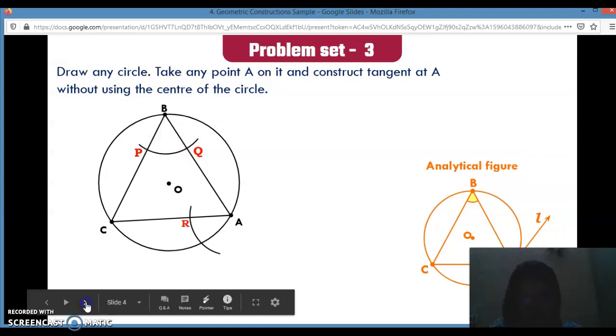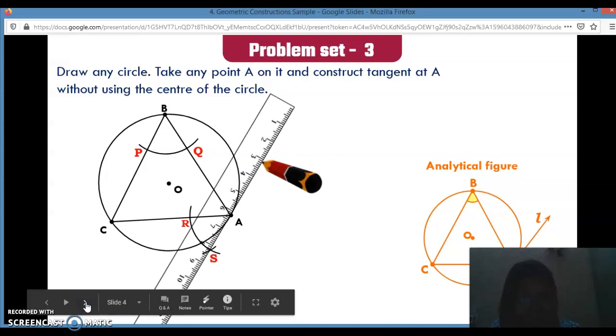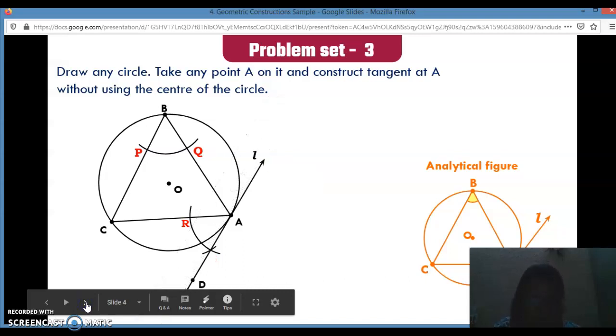Then you will measure the distance between PQ, and with that same arc you will cut it from point R also. This is my point S. Then you will join A and S. So this is my tangent L, and my tangent L is drawn without using the center of the circle.